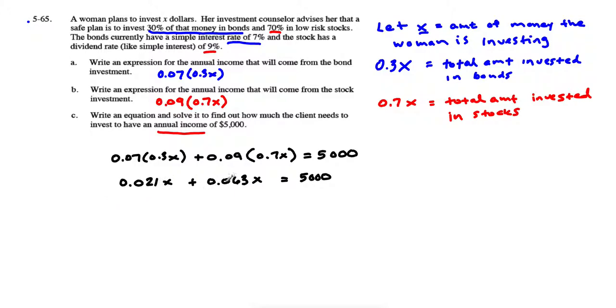Well, if we add these two together here, that should give us 0.084x equals 5,000, or 84 thousandths. And then let's go ahead and get x by itself.